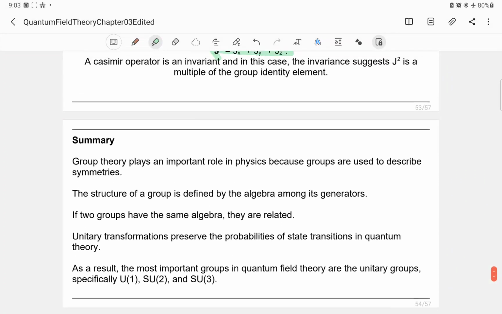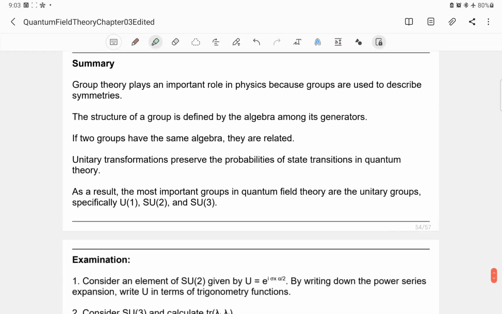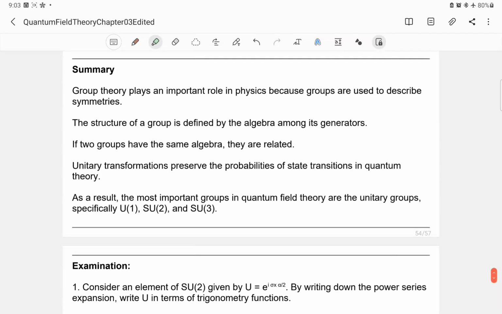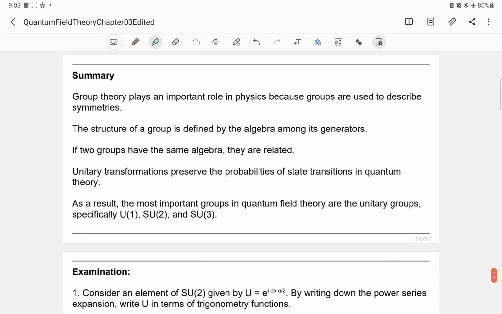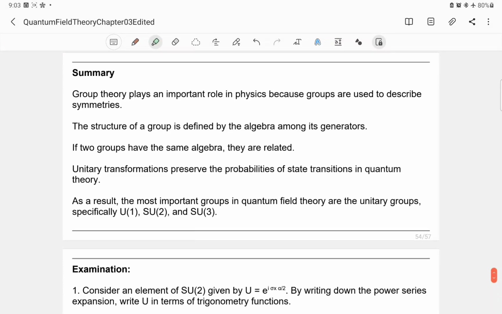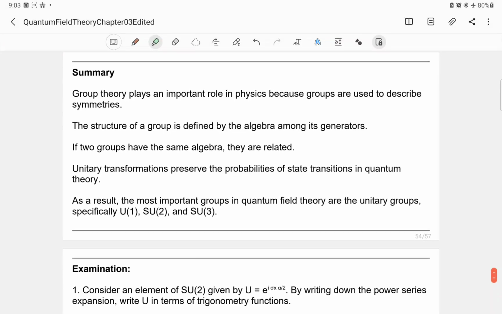So as a summary, group theory places an important structure in particle physics, because groups are used to describe symmetries.